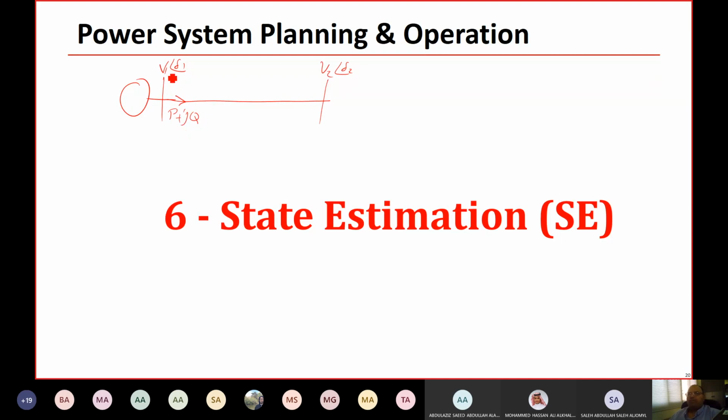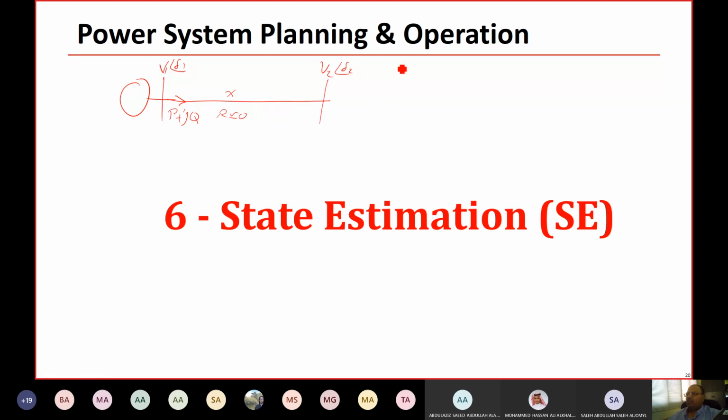For simplicity, let us say that this transmission line has a reactance X. The resistance is almost approximately 0, especially for high voltage transmission lines.